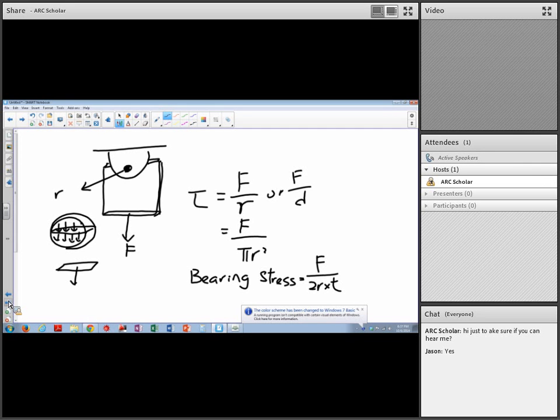Okay. So for chapter 1, there's only these two equations, which is only shear stress and normal stress. Bearing stress is actually kind of normal stress. This is in the effect.